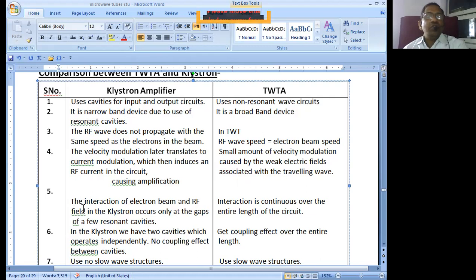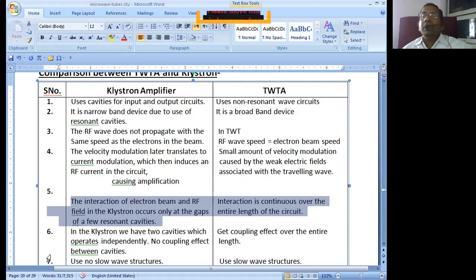The next difference: the interaction of the electron beam and the RF field in the klystron occurs only at the gaps of a few resonant cavities. That means the RF field and the electron beam meet each other only in the gaps of the cavities.